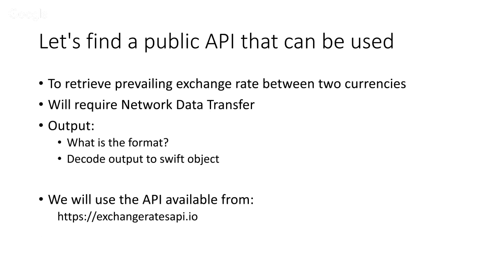So to be able to implement this app, we need to find a public API that will allow us to retrieve the prevailing exchange rate between two currencies. So let's do that.